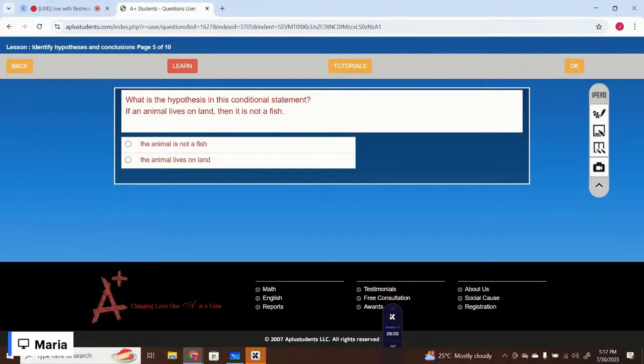What is the hypothesis in this conditional statement? The animal lives on land. Okay, you can complete the lesson yourself later today.